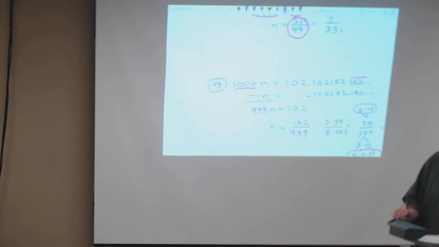And 1,000 times this number gives us 102.102, 102, 102, 102, dot, dot, dot. And then minus one of these would give me 999 of them. And after I subtract this, I end up with 102. Everybody follow how that works?